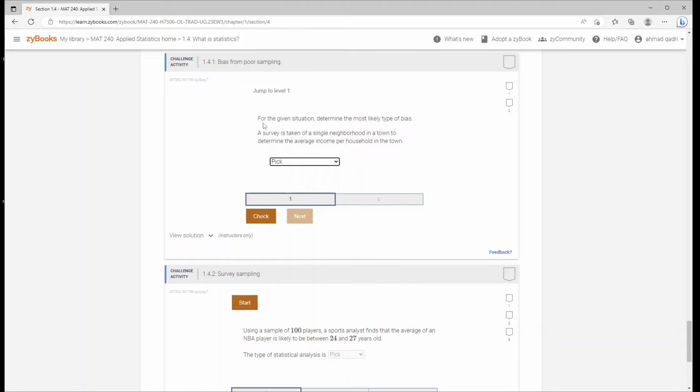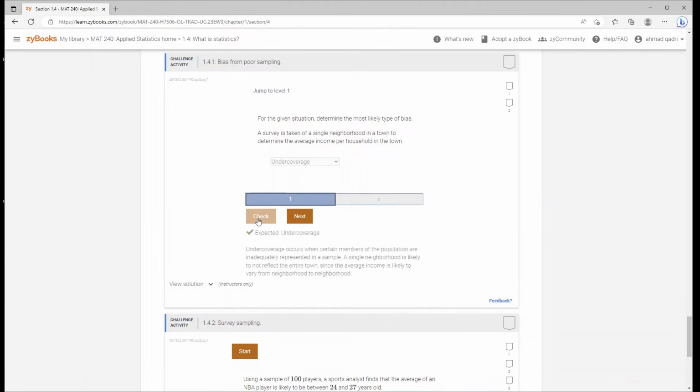And then the average income that is determined in that survey is then projected to the average income per household in the town. So the bias here would be due to surveying only a single neighborhood. And so from the drop down, the correct response is under coverage. And if we hit check, that is the correct response.